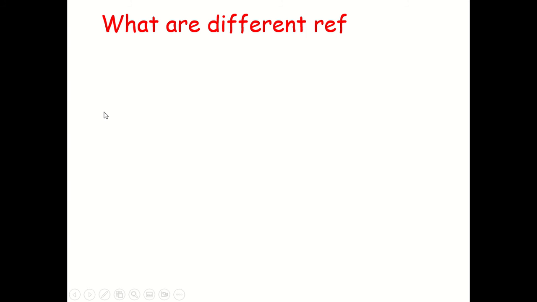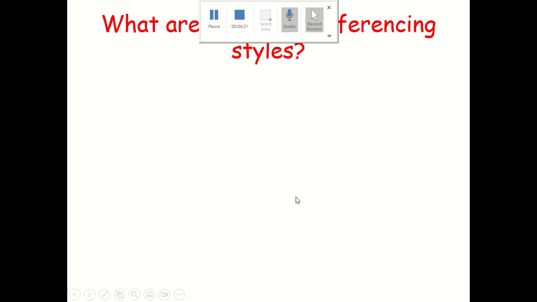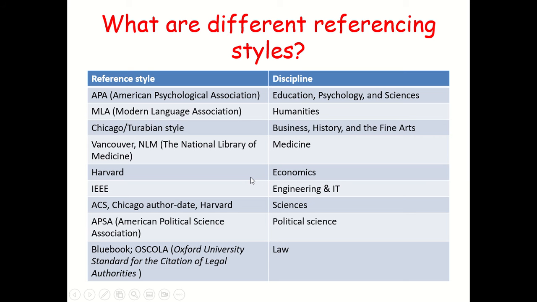So now what are the different referencing styles? I guess you must all be aware of what referencing style you should be using, but let us see for which disciplines different referencing styles are available. When you are dealing with the field of education, psychology and sciences, you can use the APA style of referencing.